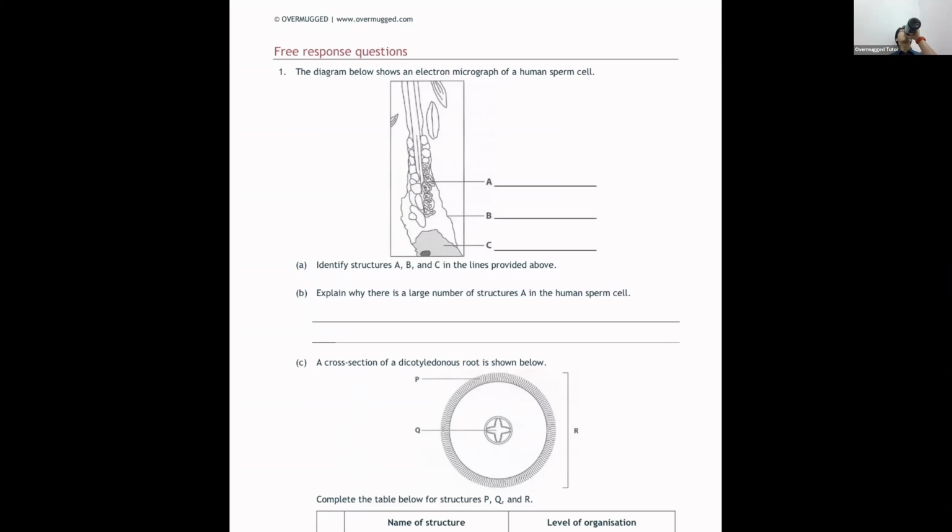Anika? Light and electron microscope, the biggest difference is? Which one? You give me two things.